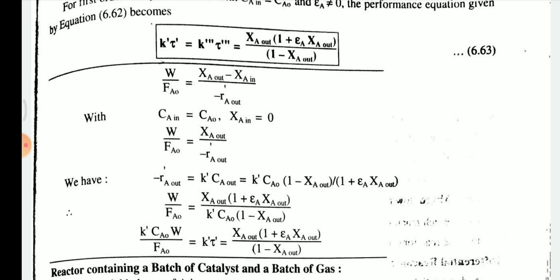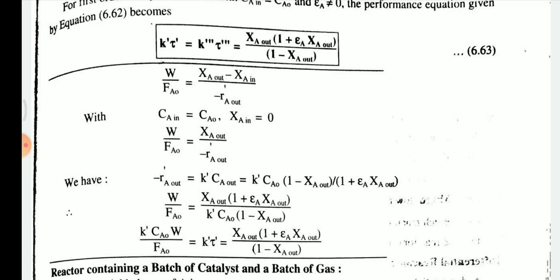So we have the next equation: RA dash out is equal to K dash CA out, equal to K dash CA0 1 minus XA out upon 1 plus summation of epsilon A into XA out. So the equation is written in the form of W by FA0.